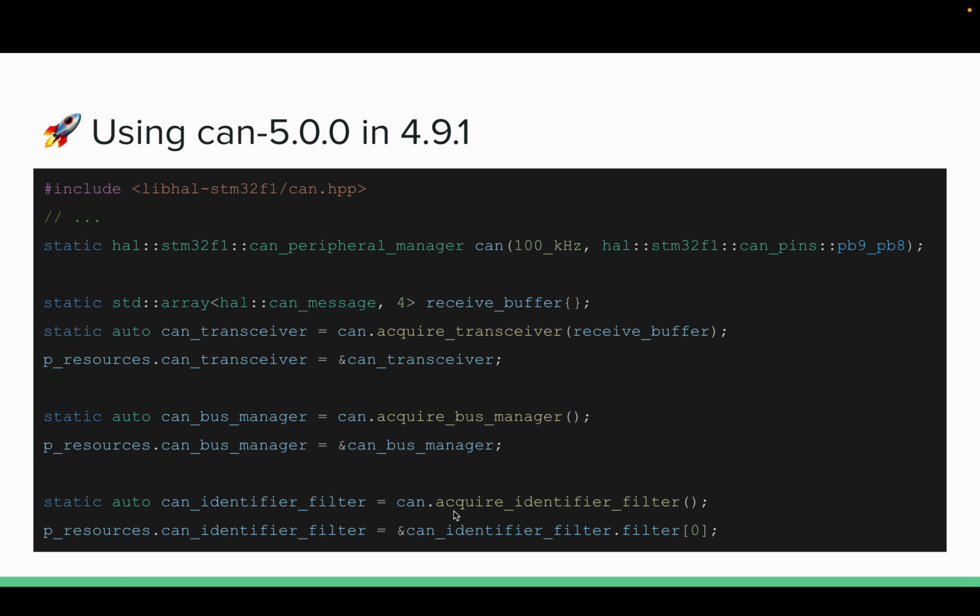And a lot of them can support up to 4 things. For example, when you acquire an identifier filter from this CAN peripheral manager, it doesn't actually return back a filter, it returns back an identifier filter set. Within it is this filter object, and you can get one out of it. So it's like an array of 4 for an identifier. So for each one of these functions you call, which uses up a resource inside of the CAN, if you keep calling this, eventually it'll throw.